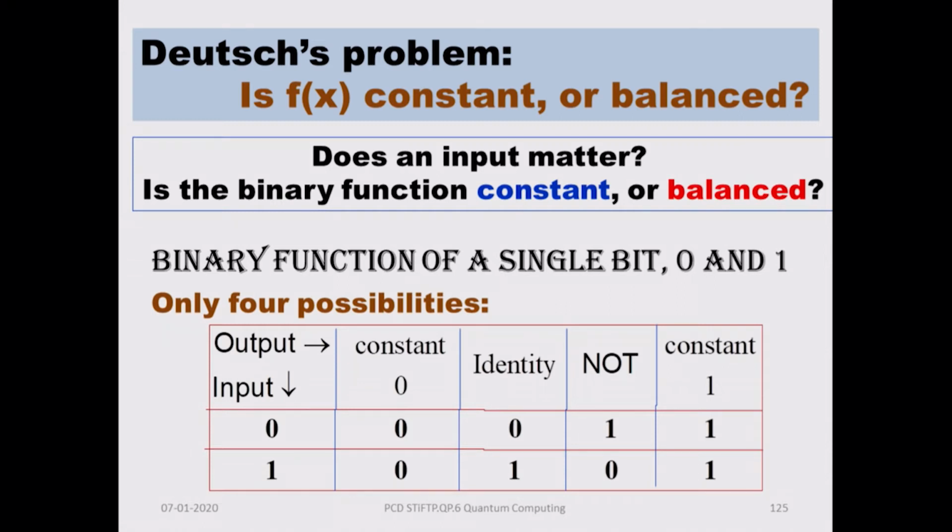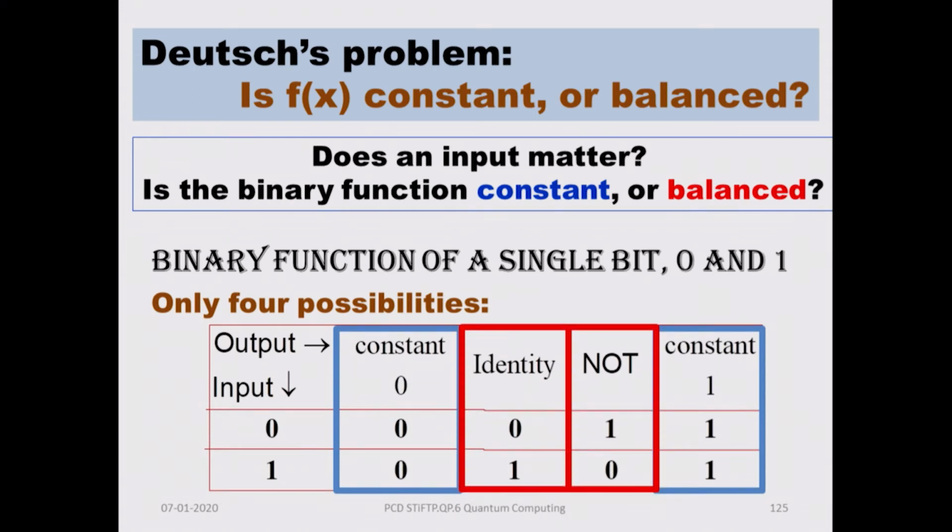And like the first column, you can also have a constant 1 output, which is again independent of the input. So you can have either a constant output in these two cases, right, or in the other two cases you have an output which really depends on the input, and if it depends on the input, the function is called balanced.